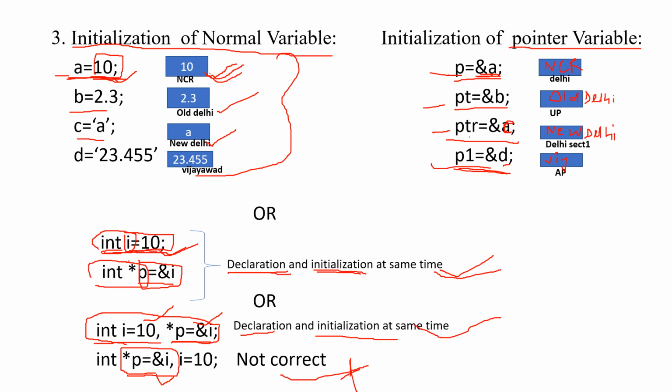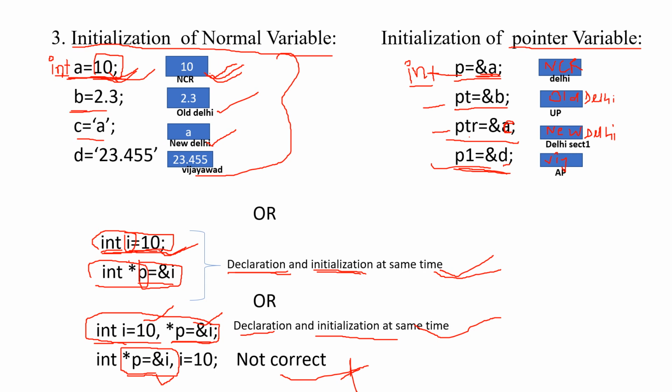If it is int a, then int a's address is only stored by an integer pointer. If you want to store that integer variable's address in a float pointer, that will also give you an error. That is not the correct way.